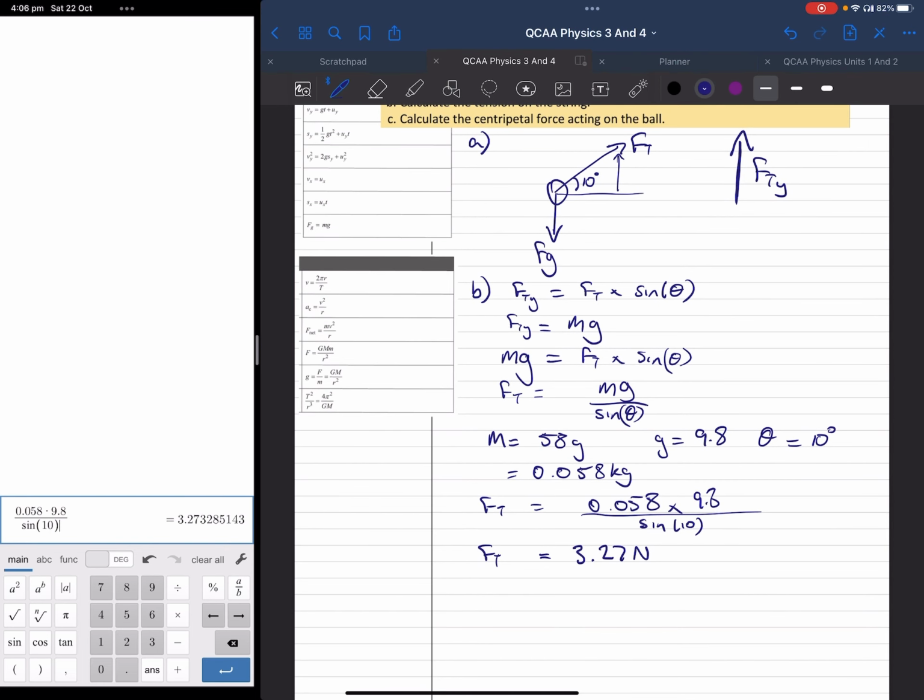Part C asks us to find the centripetal force acting on the ball. Now this will be equal to the horizontal component of our tension. Okay, so the horizontal component of the tension is force of tension times the cosine of theta.